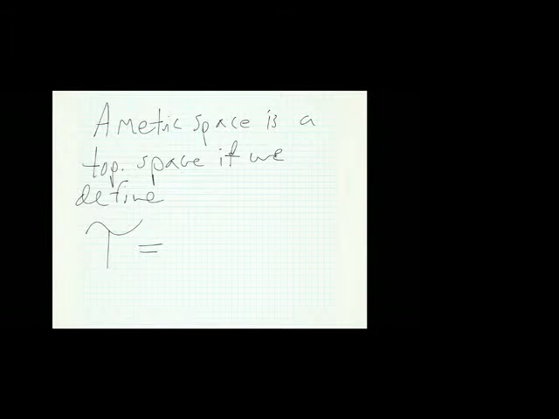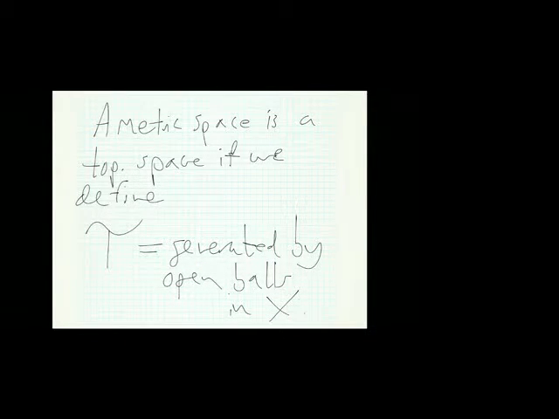So here you can take the topology to be generated by open balls. So a normed vector space gives us an example of a metric space, and any metric space gives us an example of a topological space. So in particular, a normed vector space is an example of a topological space.